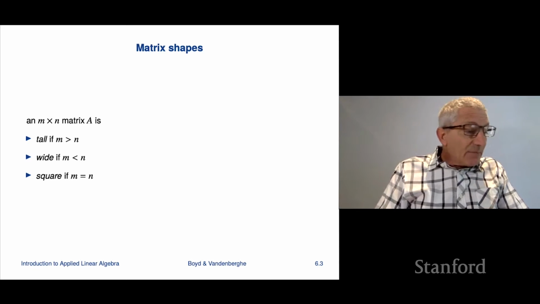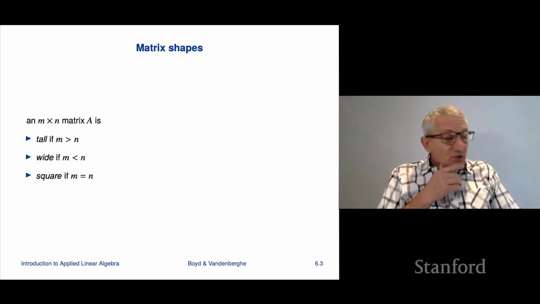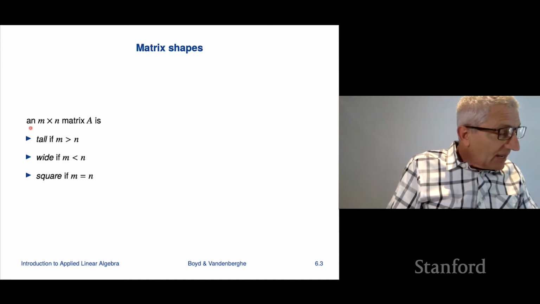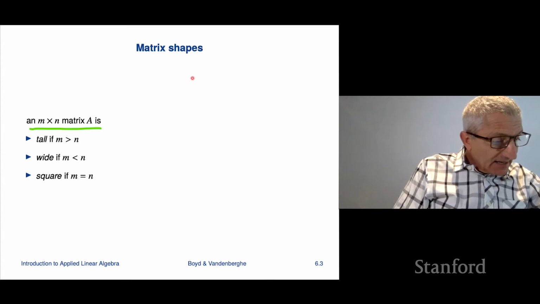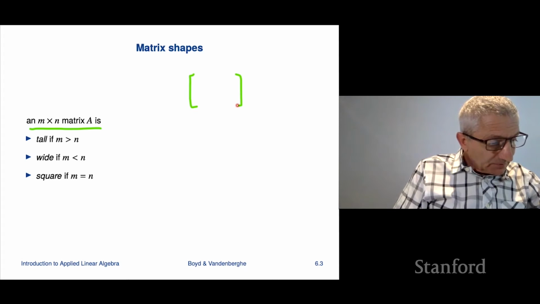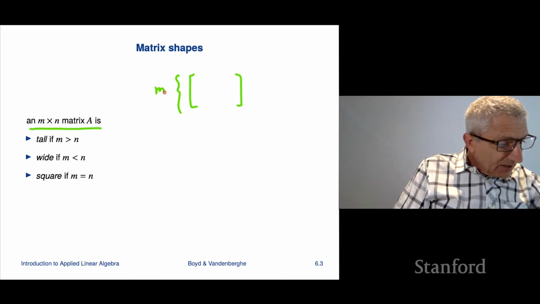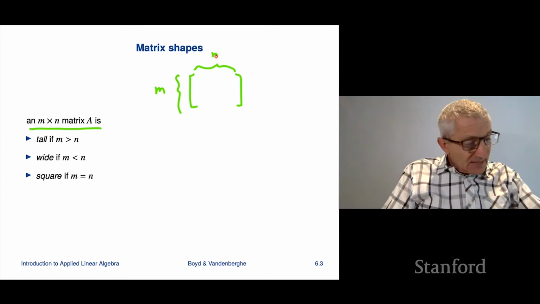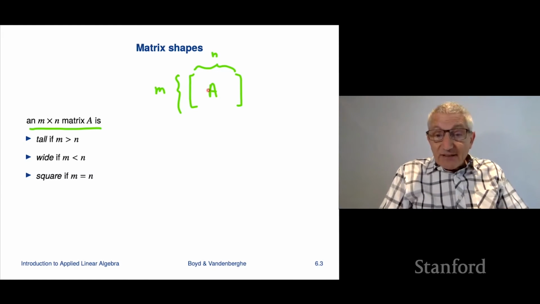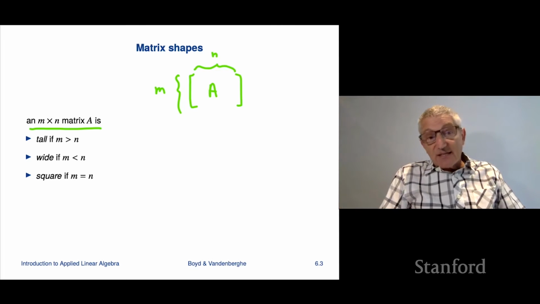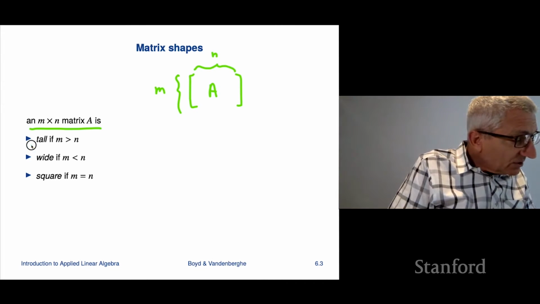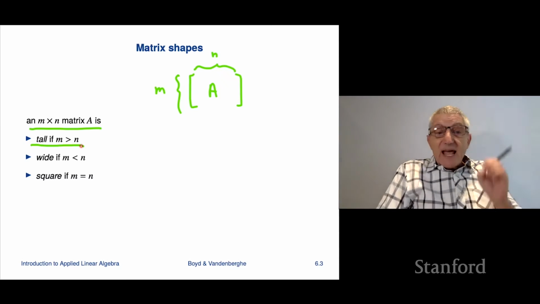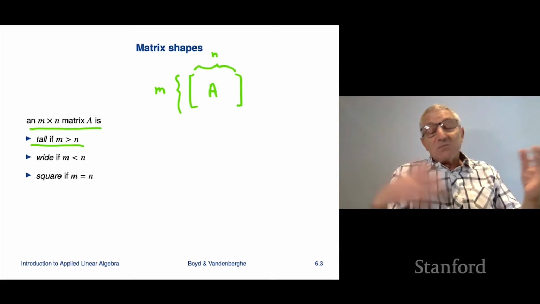Okay, now matrices are classified according to their shapes. If you have an m by n matrix A, it means that it's got m rows and n columns. So this is A, our matrix. I haven't written out the entries, but I'm just showing you the size, the number of rows and columns. Now the matrix is called tall if it has more rows than columns, and it's kind of obvious why.